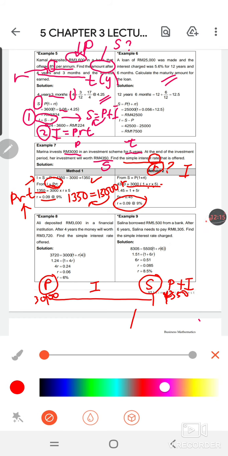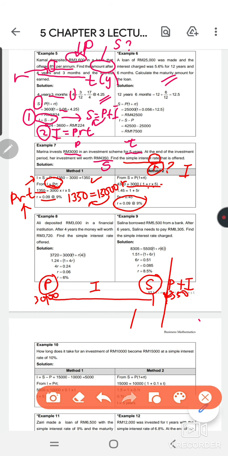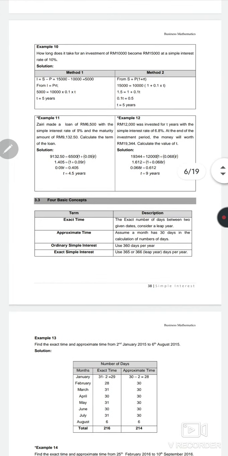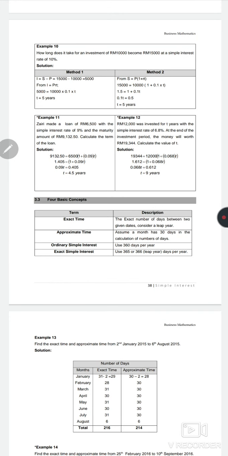Okay, so you try to solve example 8 and example 9. So dia soalan lebih kurang sama dengan example 7. Okay, and then last one, example 10.